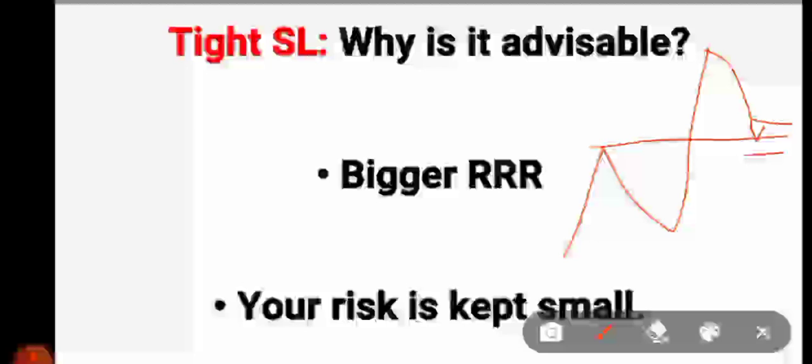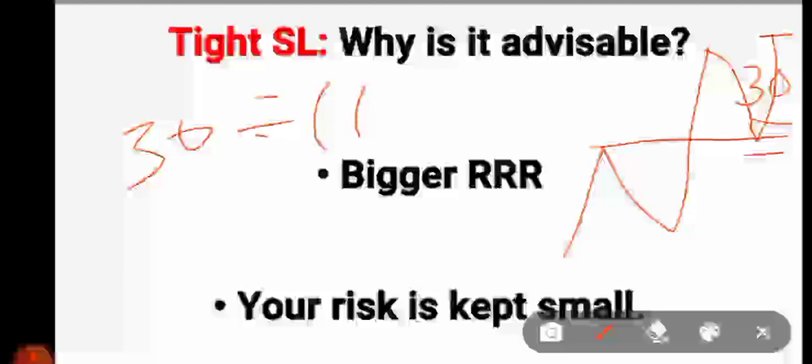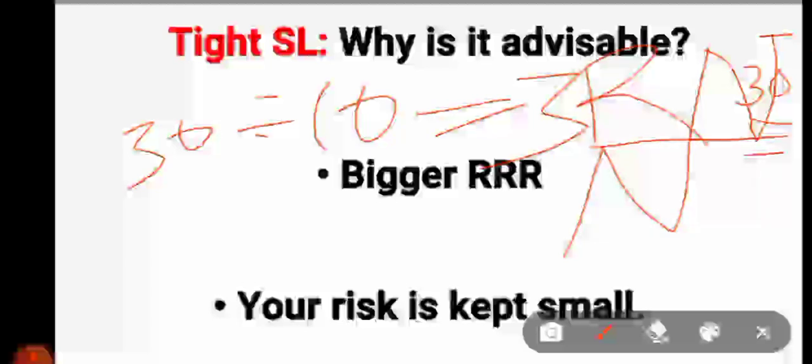Then the market moves from here to here, 30 pips. This is a 1 to 3 risk to reward ratio. That is 30 divided by 10, which gives me 3R. So 3 times my risk.